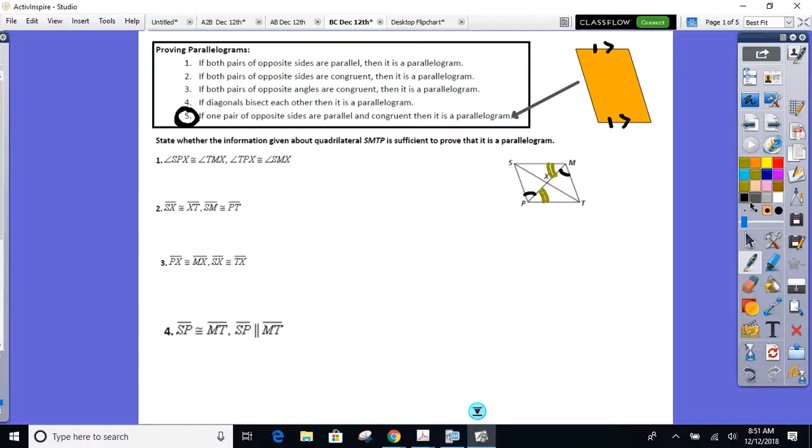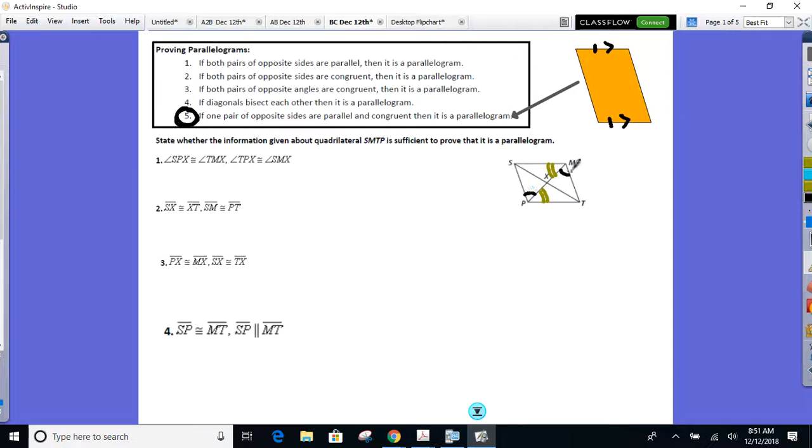Well, where does this lead? Let's start with the two angles I marked originally. These two right here. What type of angles are those? Alternate interior. Alternate interior angles congruent leads to parallel lines. And also these two green ones I marked with two arc marks. What type of angles are those?